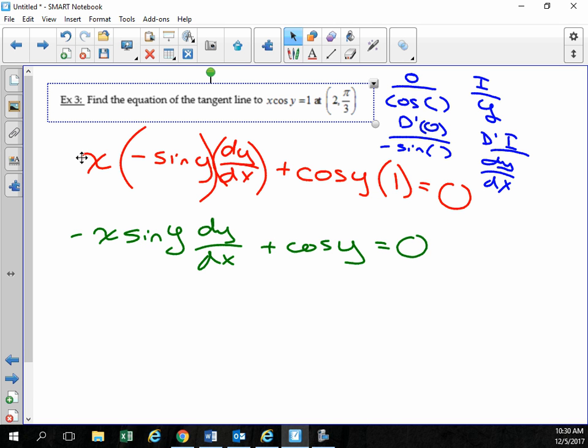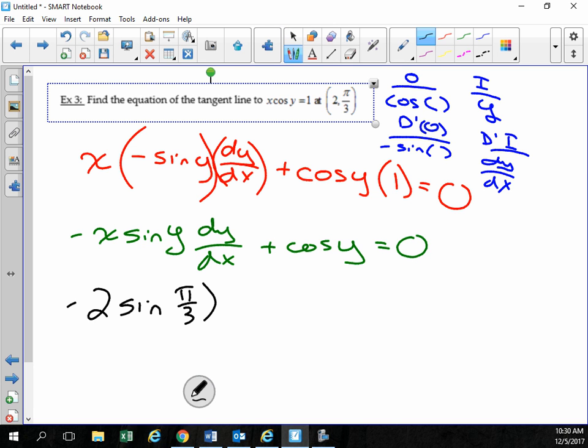You can do it either way. You can solve for dy dx and then plug in numbers, or you can plug in numbers now. It is up to you. Both will work. But sometimes, some of you just like it easier for numbers, so I'm plugging my numbers in now. And then I'll solve for dy dx.